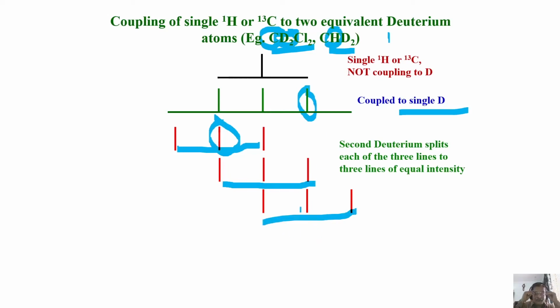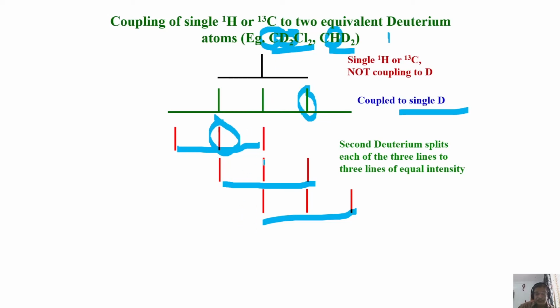Like you did for spin-half nuclei, I'm doing the same thing. I knew it would split into three lines of equal intensity. When I bring in the second deuterium, the central line remains the same, with two lines on either side. Again here, the central line remains the same, two lines on either side. Because the coupling strengths are equal, they are magnetically equivalent.